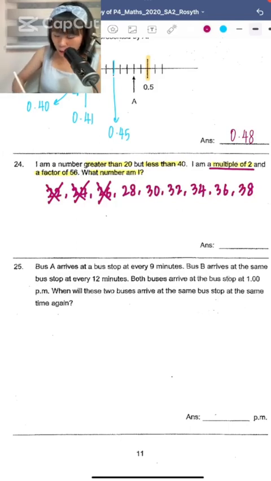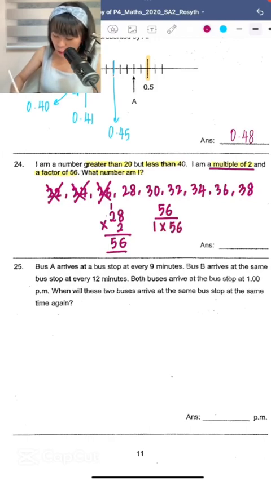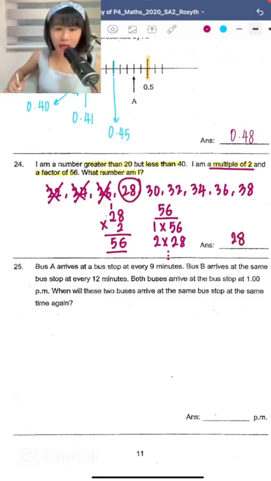If you try 28 times 2, you will realize you can get 56. So the factors of 56 include 1 times 56 and also 2 times 28. So 28 is actually a factor of 56, and it's also a multiple of 2. So the answer here is 28.